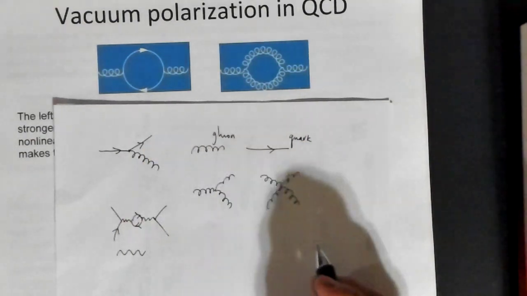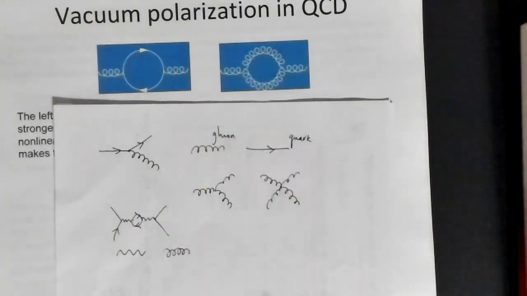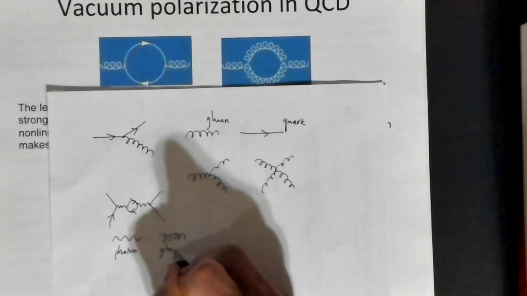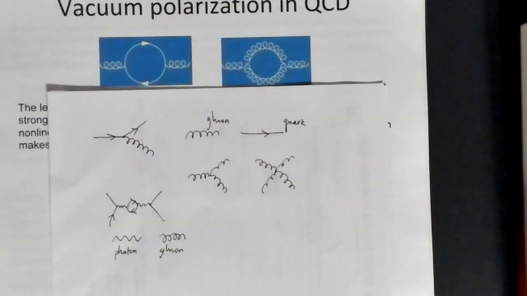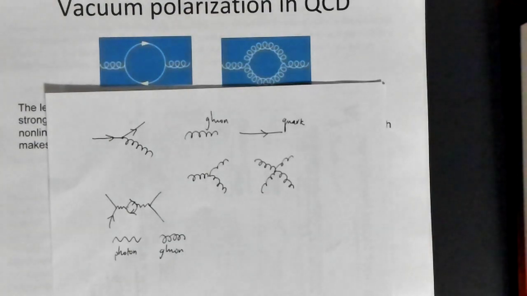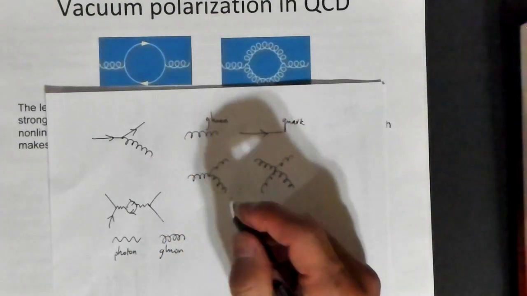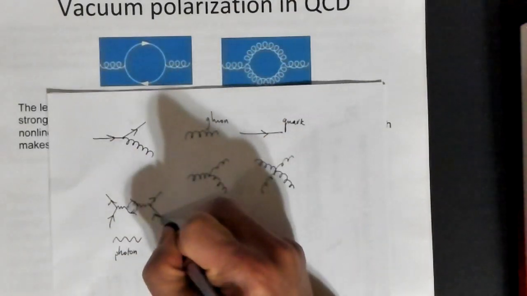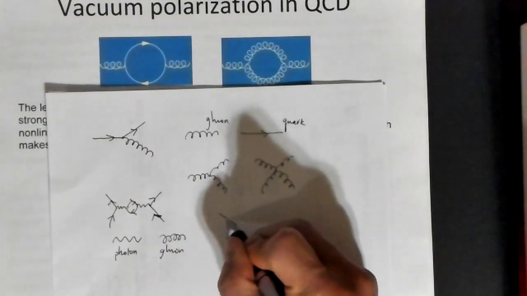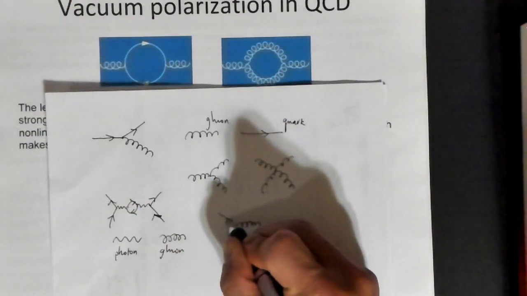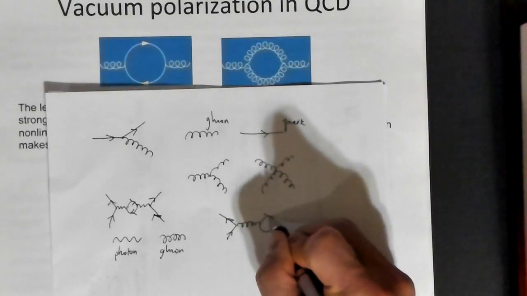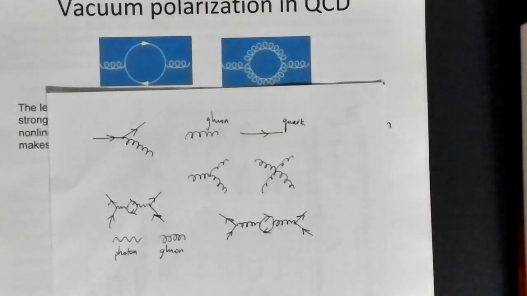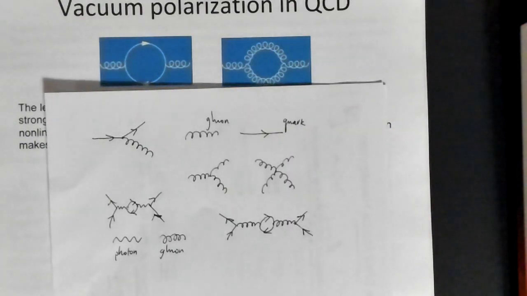This is what I mean by a wavy line, whereas this is a curly line. This is for the photon, and this is for the gluon. Okay, so we already talked about this vacuum polarization diagram for quantum electrodynamics for the electron. But we can also have a diagram like this for quarks involving the gluon. Okay, and this is also called a vacuum polarization diagram.